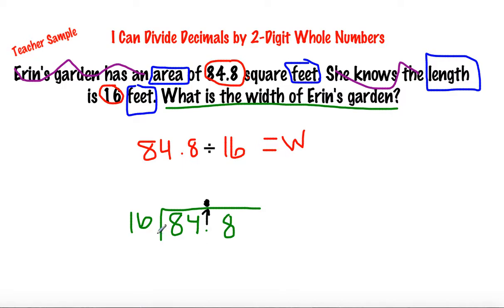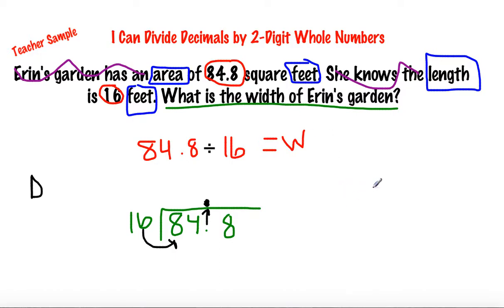Then the next thing I need to do is ask myself, okay, well, how many times can 16 go into 84? That's my division step. I'll write my D over here. Without going over. So how many times can 16 go into 84 without going over? And remember, this is just trial and error.